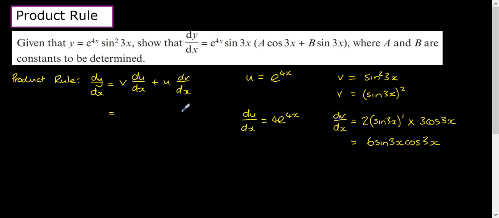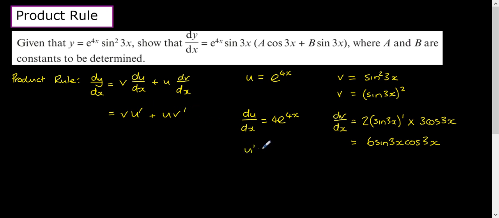Now, I'm going to use a shorthand from now on, just because it saves writing all these dv by dx's out. I'm going to say du by dx is called u prime, just a little apostrophe, and dv by dx is v prime. So we've got v u prime plus u v prime, right?